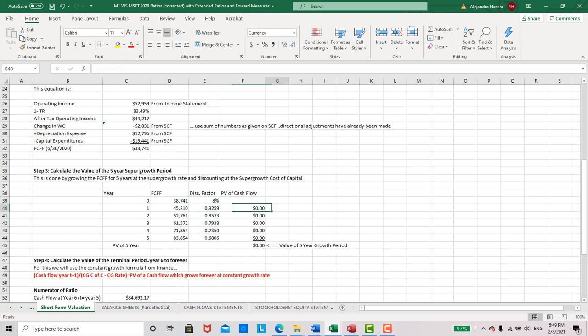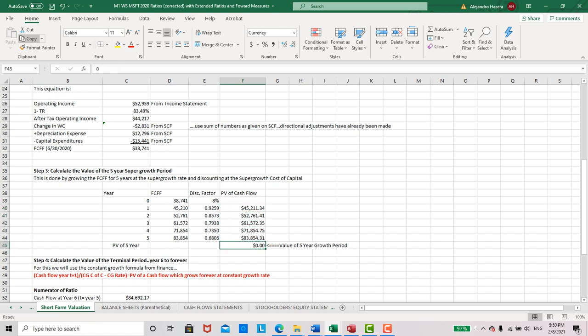That looks good. So we're saying that Microsoft, growing at this rate, in 5 years is going to produce a free cash flow of $87 billion. Now we're just going to take these cash flows and discount them back using the discount factors.